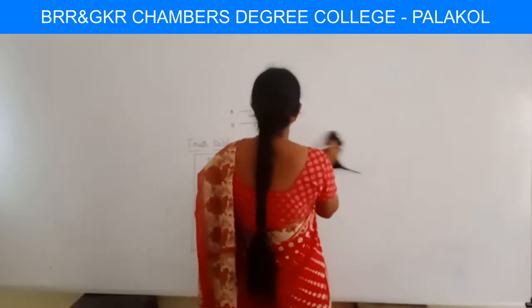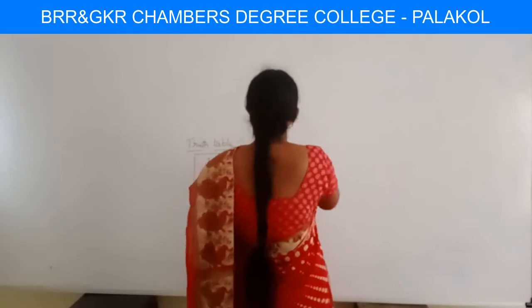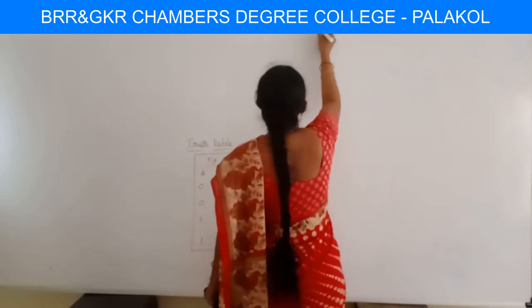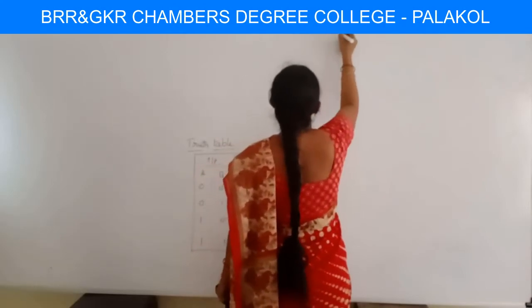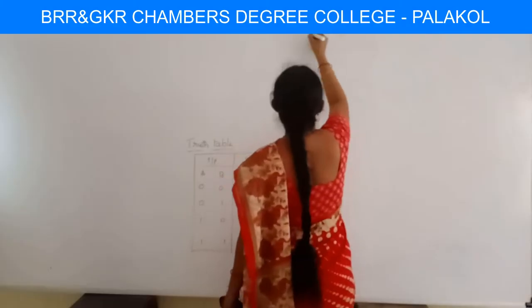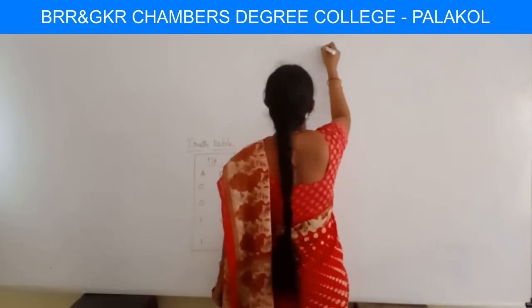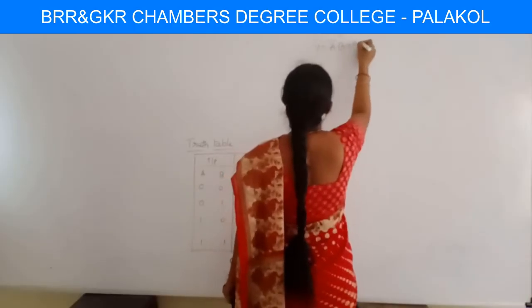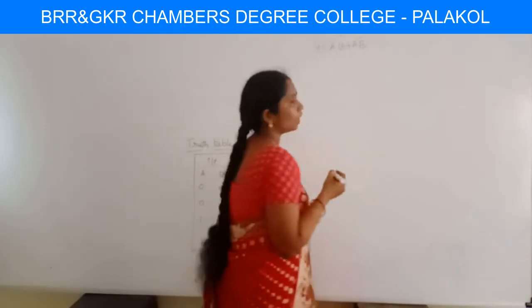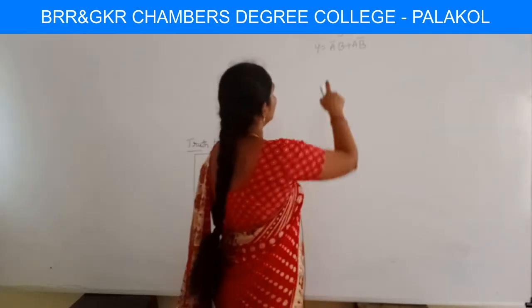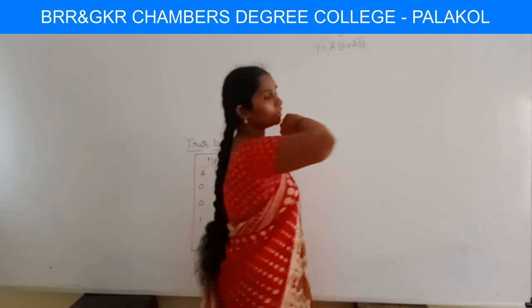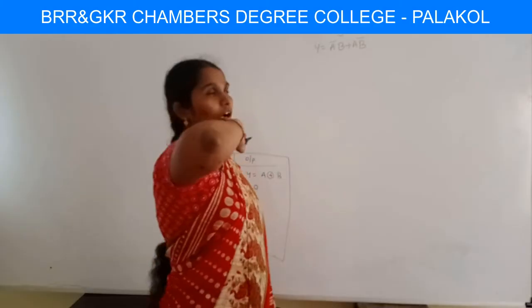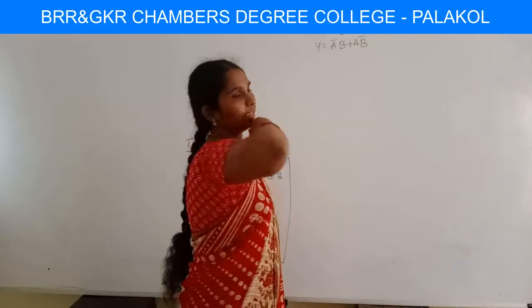Okay, so actually this is the expression for the XOR gate. The XOR gate expression is y equals A bar B plus A B bar. Now consider dot is there, so that's why I take an AND gate.